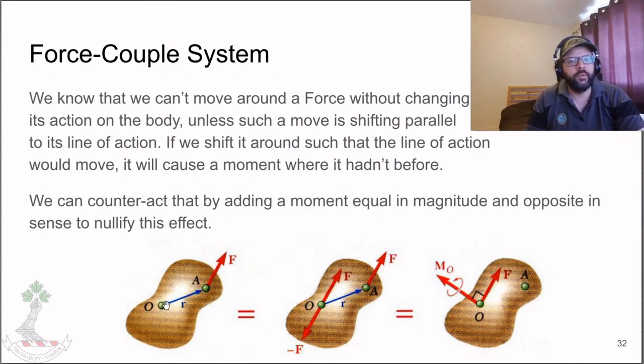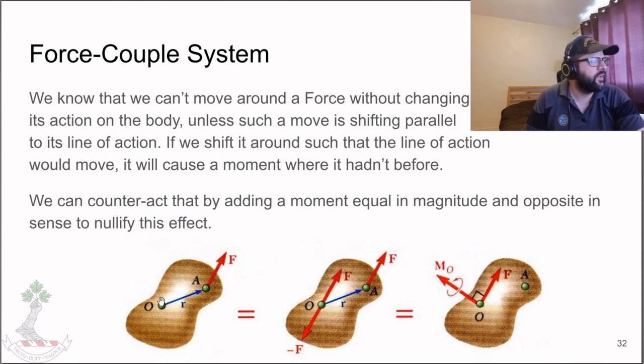So we could figure out how much that moment would be, the same amount as would be caused by the shift, and just move that force over to the origin, and then also add a moment applied to that body to represent the moment that was originally there.